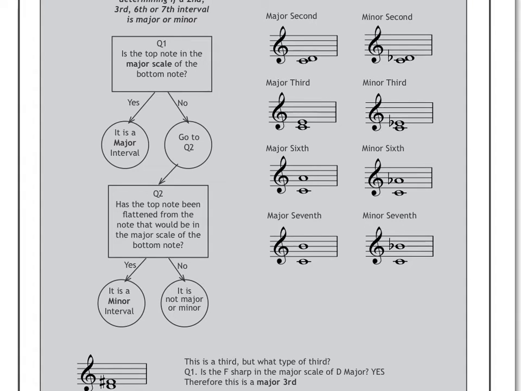Okay, has that upper note come down a 1/2 step? If it has, it's a minor interval. What is normally a major third with a lowered upper note, that becomes a minor third. A major sixth whose upper note comes down a 1/2 step becomes a minor sixth. If that upper note was not a 1/2 step down, then it's something else. Don't worry about it for now.